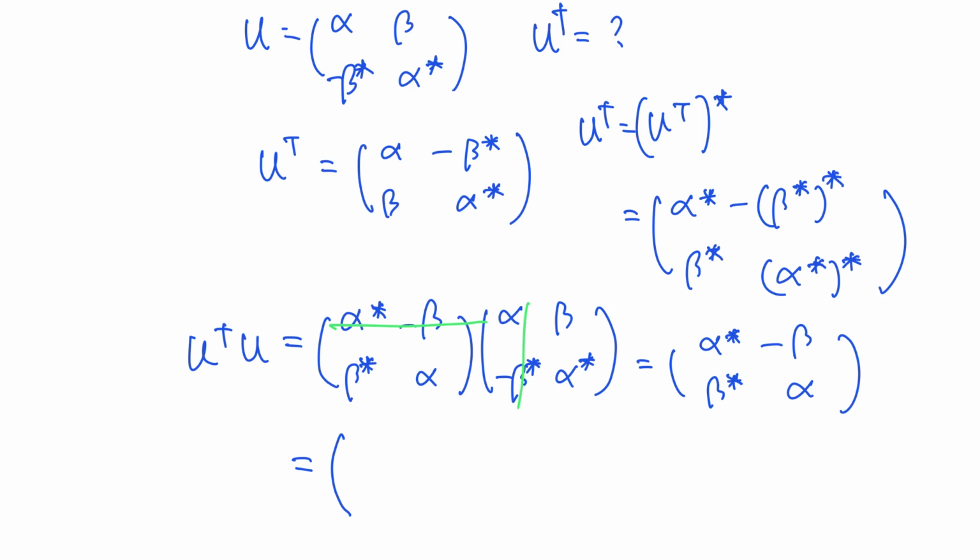The first element, alpha complex conjugate times alpha plus beta complex conjugate... it must be minus, right? This is minus, there must be minus. It's not shown here.